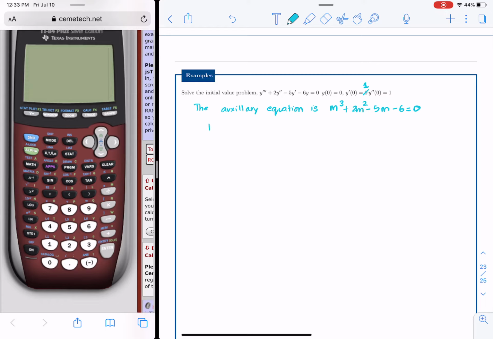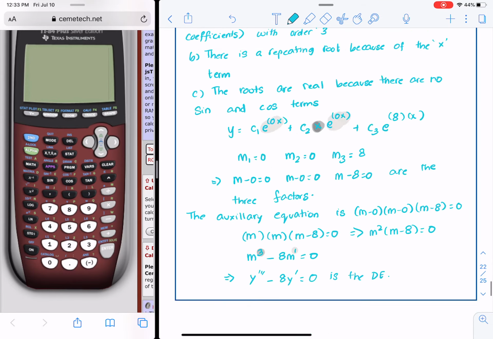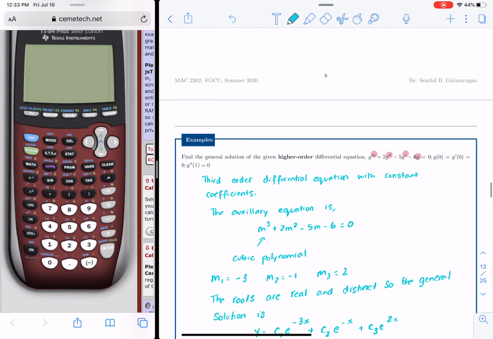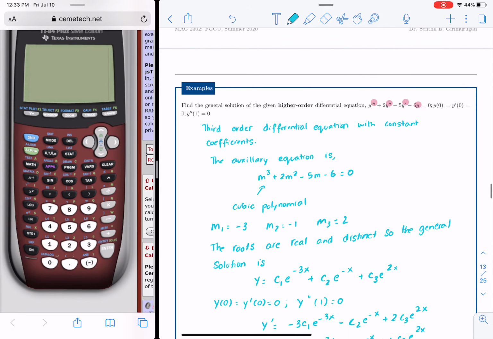So the roots are m1 equals minus 3, m2 equals minus 1, and m3 equals plus 2 from earlier. You could find it in one of the previous videos, perhaps part 2 or part 1. So it's right over here, we can use the calculator to find the roots.